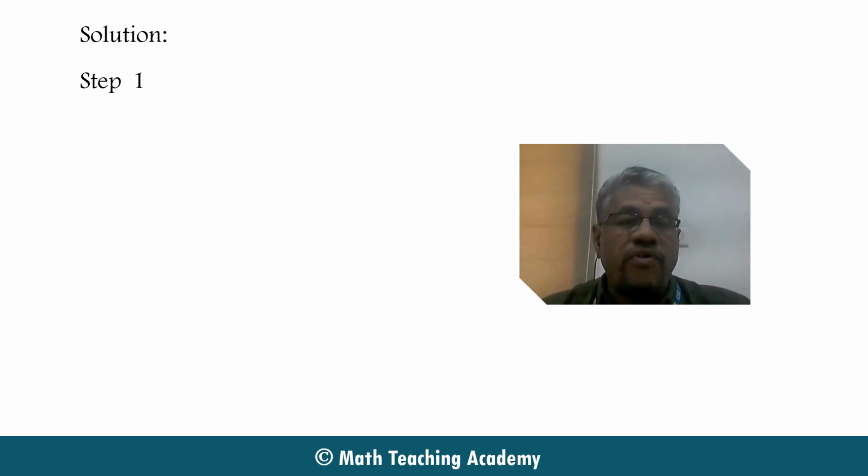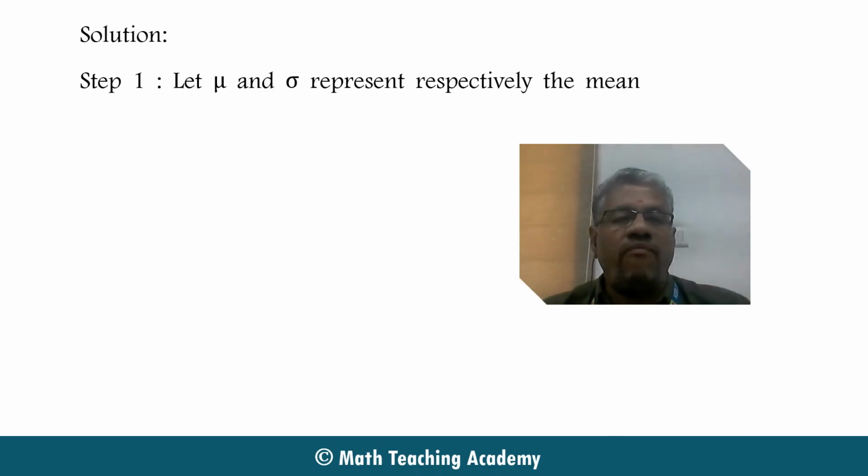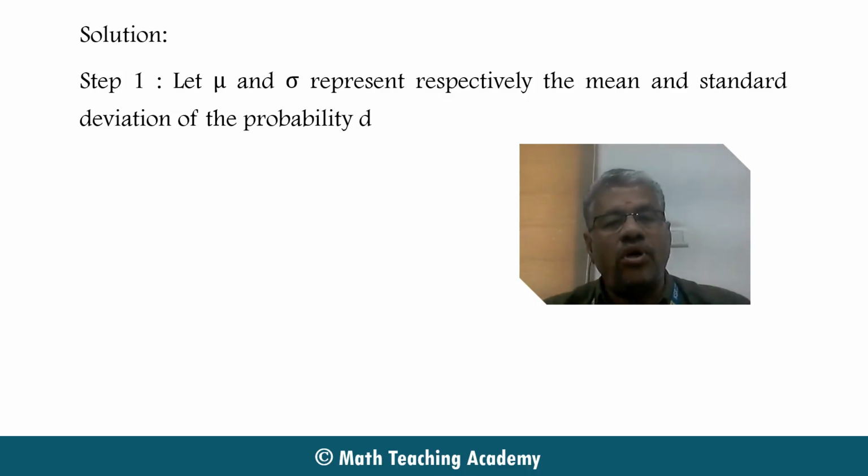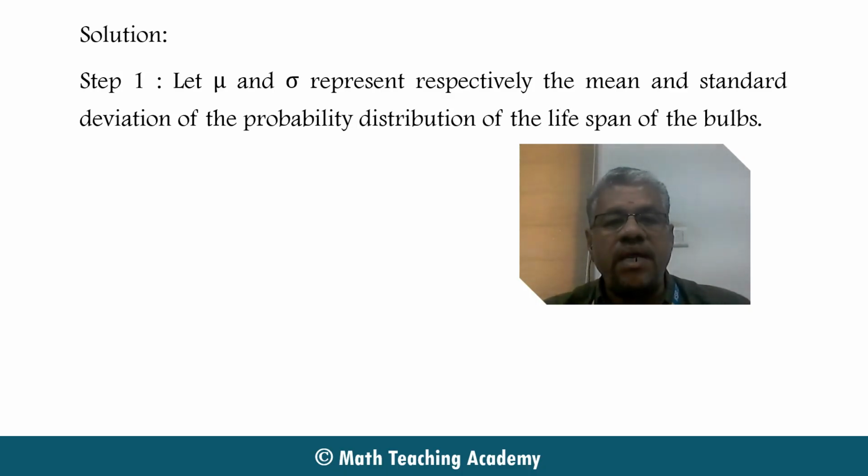Now we are going to find the solution. As usual, step 1, we have got two parameters. One is the mean, denoted by nu, and the second one is the standard deviation, denoted by sigma.